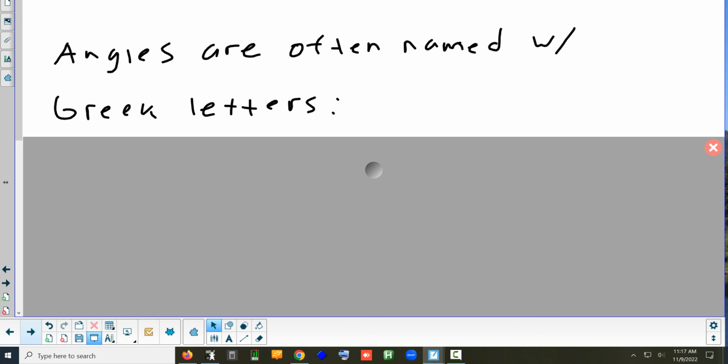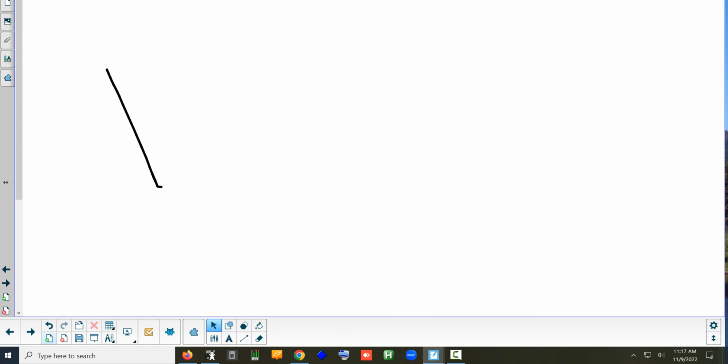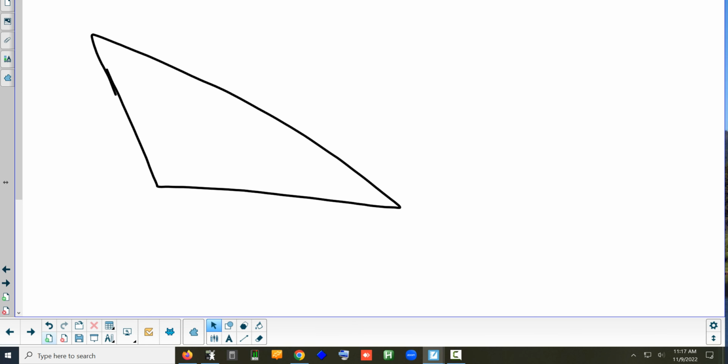Okay, so angles, a lot of times that's going to be what we are solving for. We're not going to know what the angle is. So just like in algebra, we give it a variable. In trig, Greek letters are usually used to represent angles. The reason we use Greek letters is because if you have a triangle, the sides are usually letters we already know from the Pythagorean theorem.